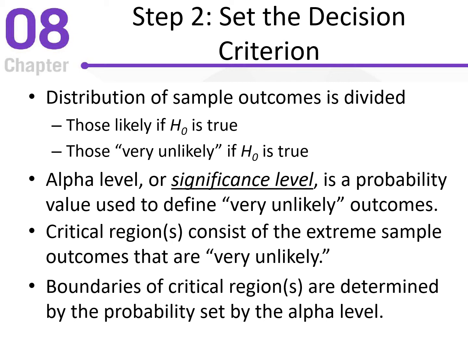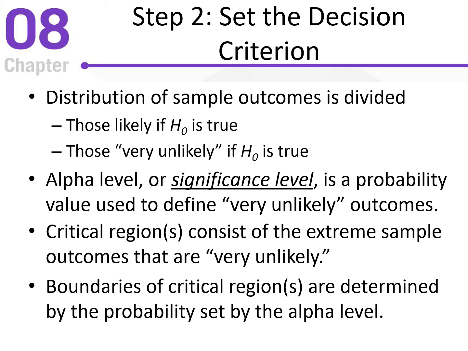Your alpha level or your significance level determines how far your sample mean has to be from the null hypothesis mean for you to say that it doesn't belong with that null hypothesis, that you can then reject that null hypothesis.